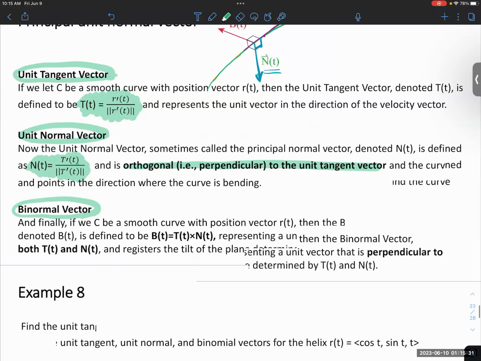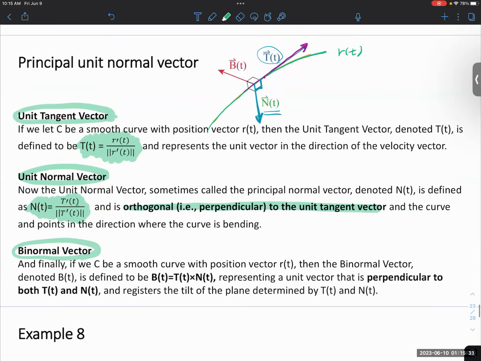The last one, the binormal vector. So the binormal vector is the unique last vector. So this is also perpendicular to both the unit tangent and unit normal vector. So they're all creating 90 degrees. Okay, so once you find the unit tangent vector, you can find the unit normal vector because they're perpendicular.